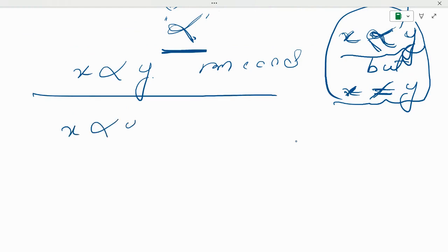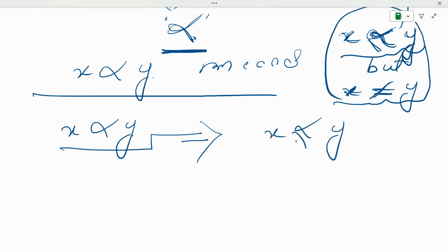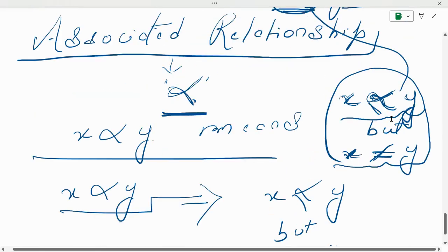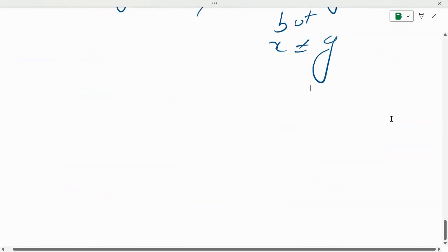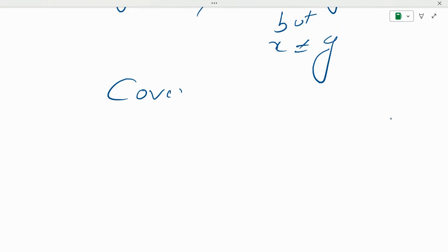So if X has an associated relationship with Y, it means X and Y are comparable, but X is not equal to Y. Similarly, the next thing we are going to learn is covering. So what do we call covering?